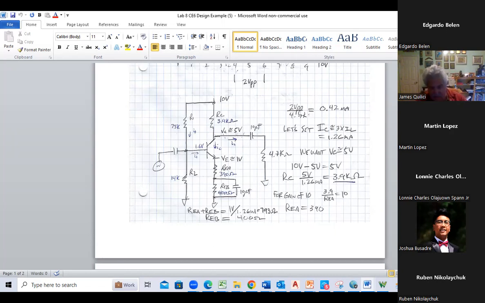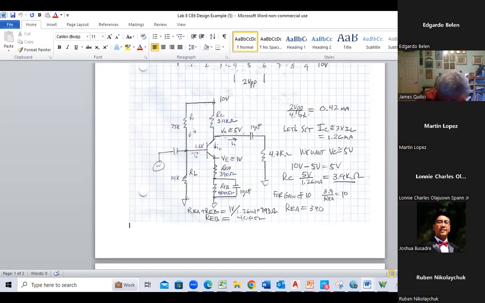Oh, wait, I want IC to be 1.26 milliamps. So I want 2.5 divided by 0.00126 equals 1.9K. So I need about 2K. Let me put that in, see if I can clean this thing up a little bit.